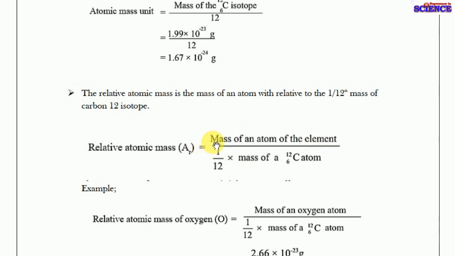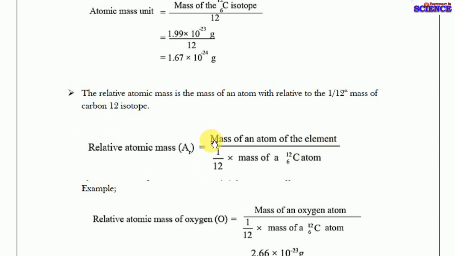If you divide the mass of an atom, in grams or kilograms, by the atomic mass unit, this number, you get the number of units present in that atom. Again I am saying, what are units? Protons and neutrons. But we take it relative to carbon. So that's why we have the adjective here, relative atomic mass.